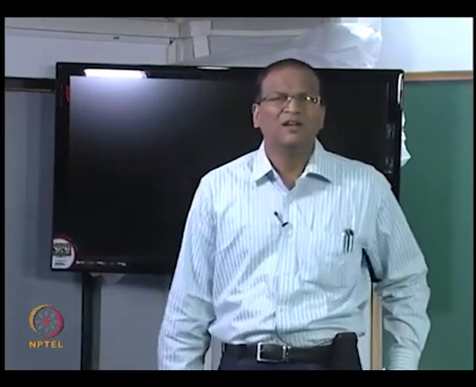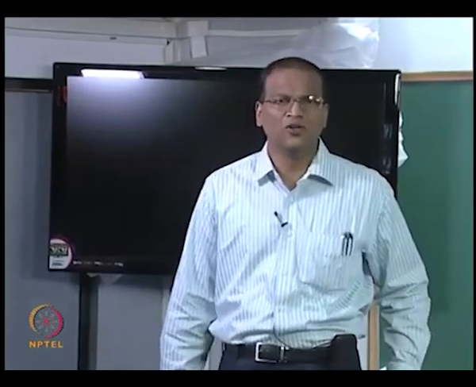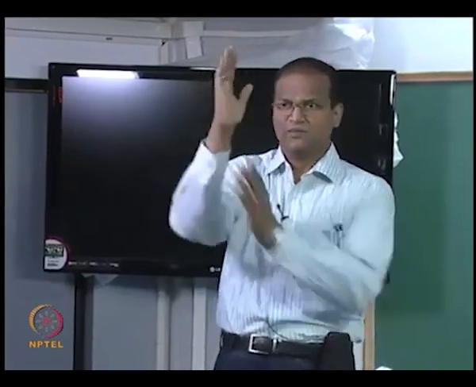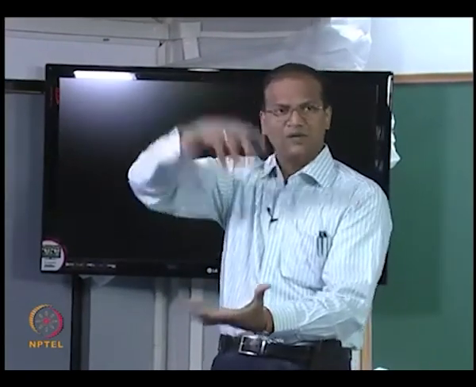What does it mean? When theta equal to 0, cos 0 equal to 1. So corresponding to 0 angle, zenith angle, it is the maximum value, that is epsilon n.